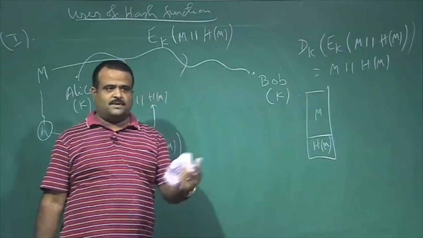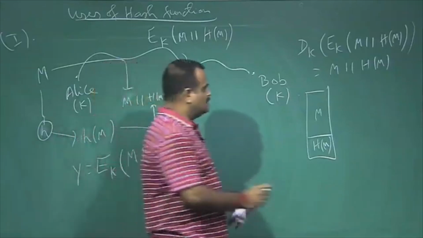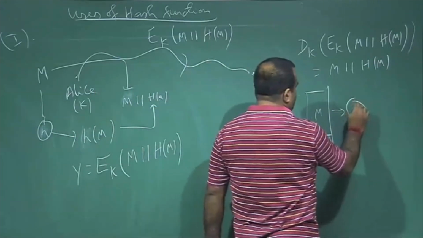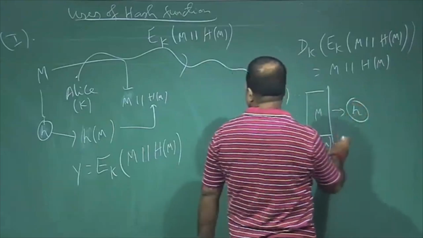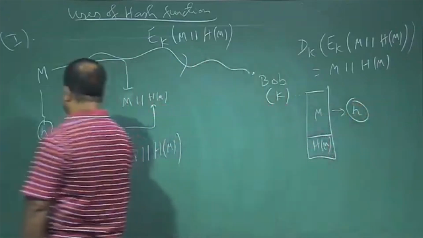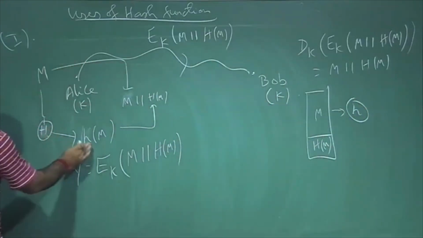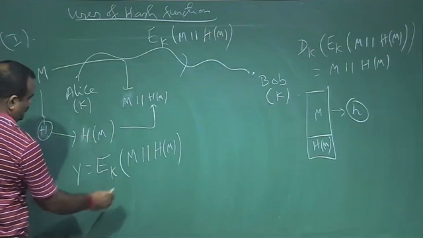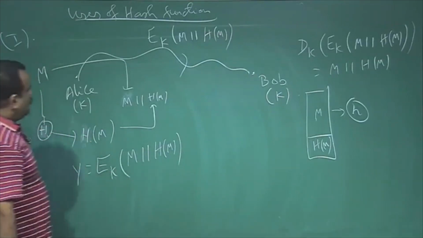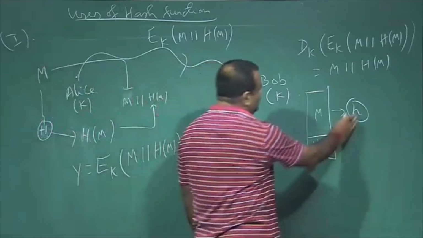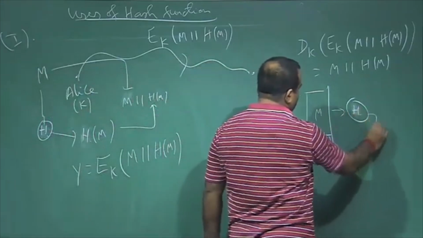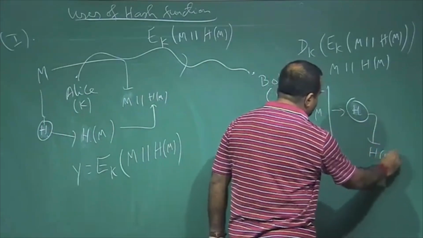Bob will apply the hash function. Hash function is a public function. Sometimes we should follow the same convention, either capital H or small h. So, Bob will use the same hash function capital H and get the H of M.